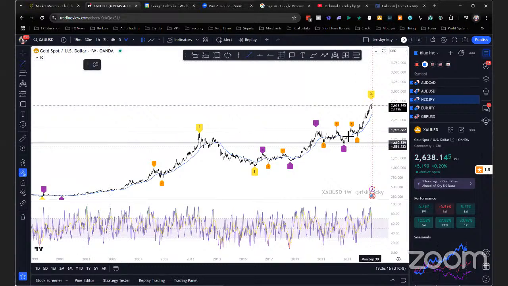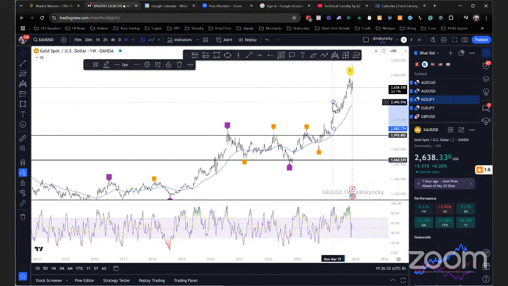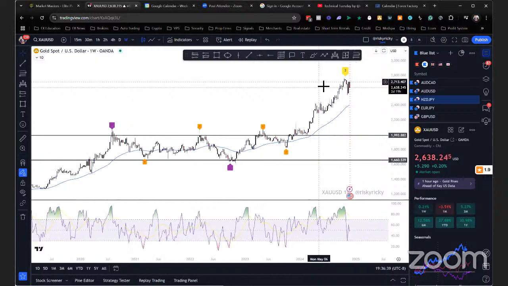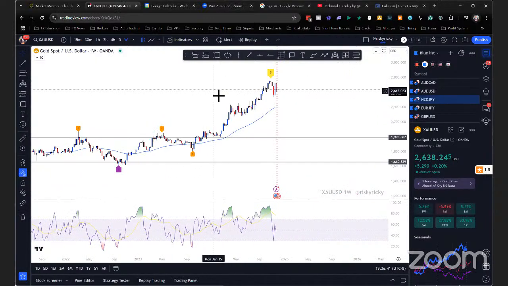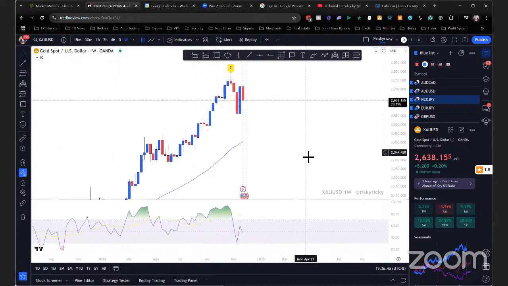Like I mentioned earlier, when it's ranging like that, from this high to this low should be the minimum that it should go when it does its full breakout. So over there, you can see it reached that range and pulled back a little bit after, but then continued to push up. So overall with gold though, let me zoom in and see if there's a potential intraday setup there.